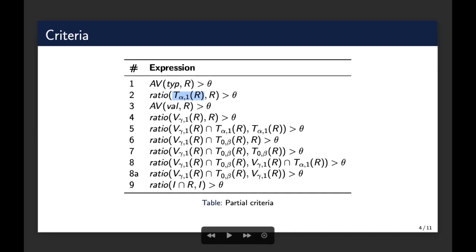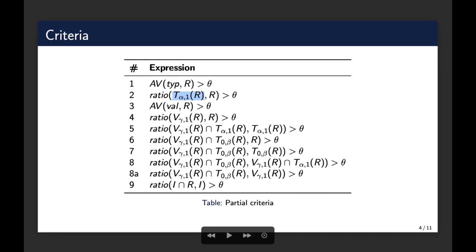So we have the typical artifacts that we are subsetting, and then we are comparing against the outputs of the system. So we want to know the ratio, how big is the subset of elements which are typical in the elements that the system has produced, for example, and so on.